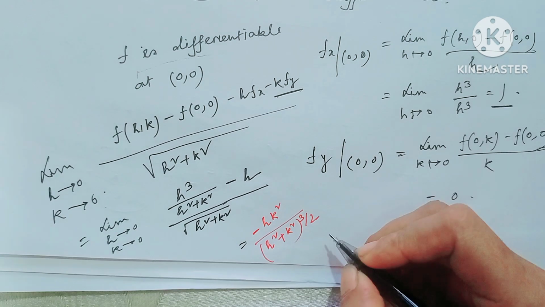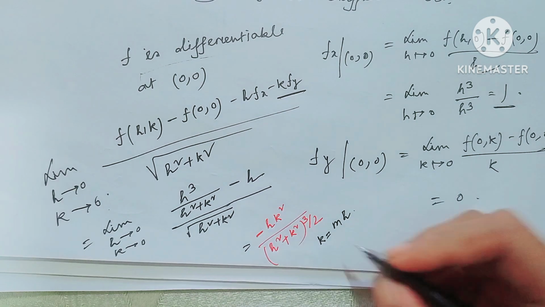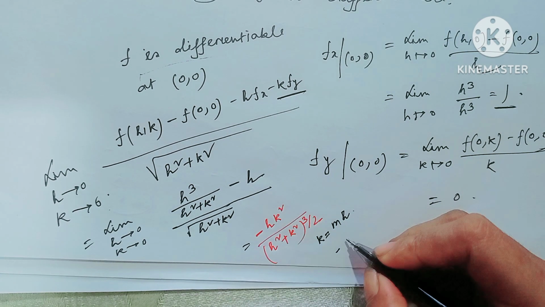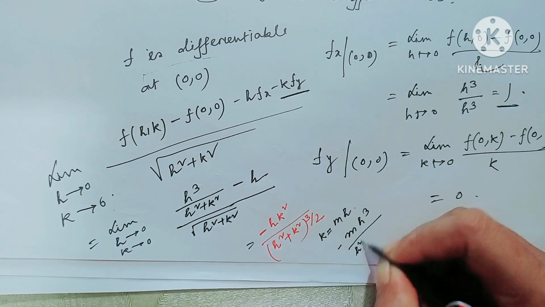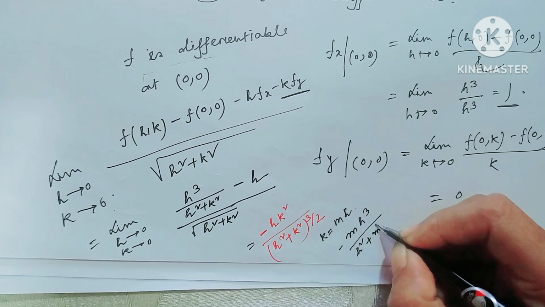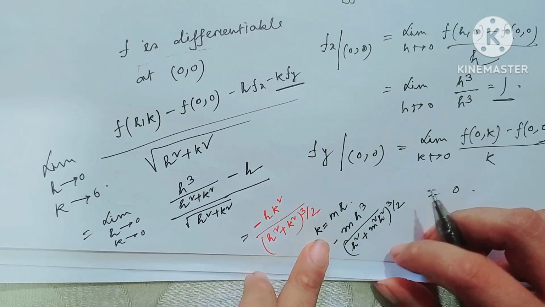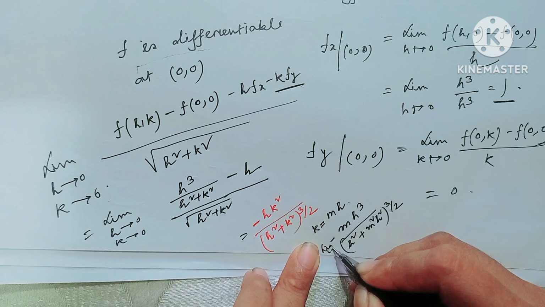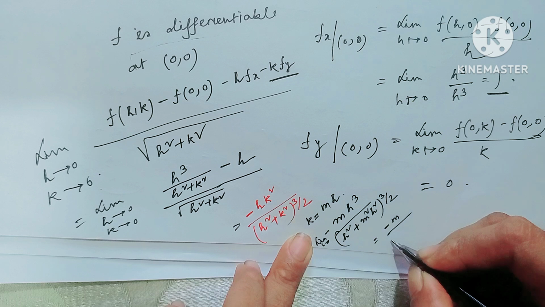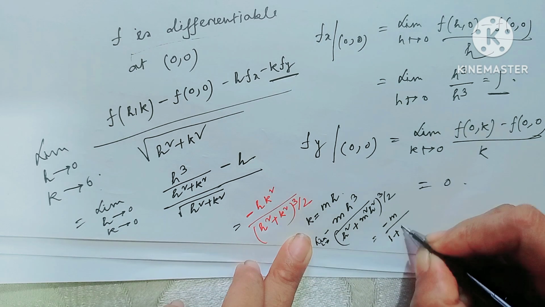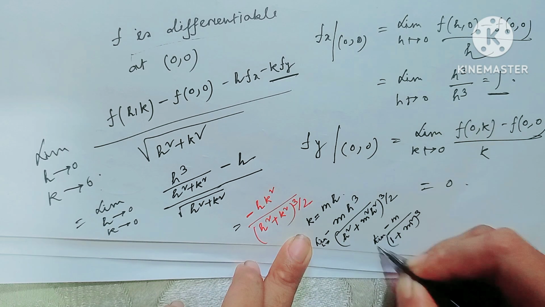Now put k equal to m h. Then this value would be minus m h cube divided by h square plus m square h square to the power 3 over 2. And as h goes to 0, this value would be minus m divided by 1 plus m square to the power 3 over 2.